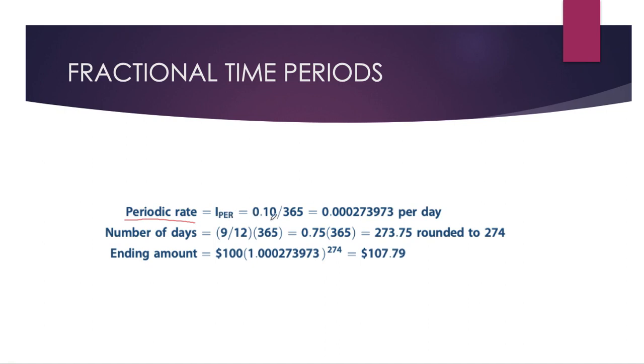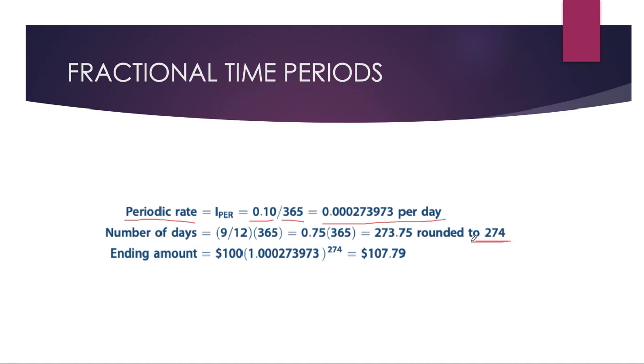Basically, we can calculate the interest rate first. That is the nominal interest rate, 10% per year, divided by the number of days. This gives us the periodic rate per day, since this is going to be daily compounding in this example. And the number of days is 9 over 12 times 365, which is 0.75 times 365, and basically 274 is what we get.